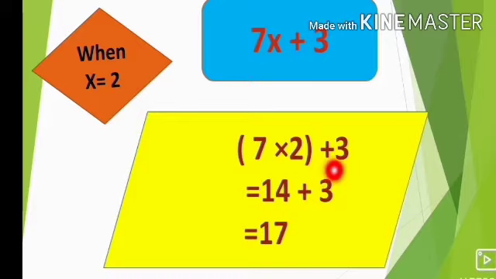Now, let us simplify the arithmetical expression by the BIDMAS method. That is, first priority is given to the bracket, the operation within the bracket is done first. Here, let us multiply 7 into 2, which is 14. Now, add 14 and 3. We get 17, which is the required value of the expression.